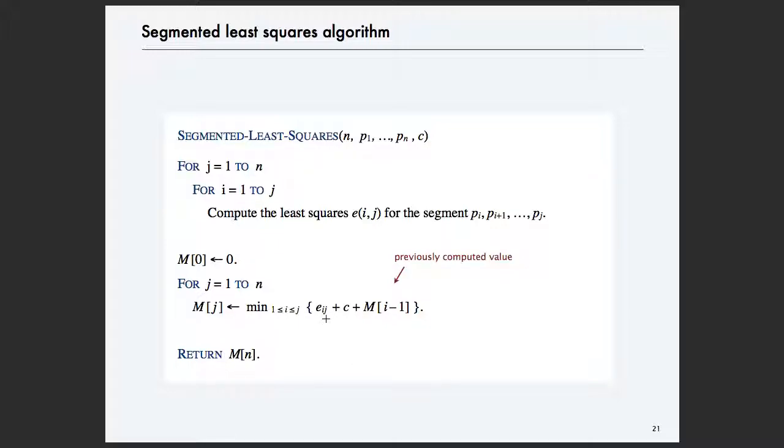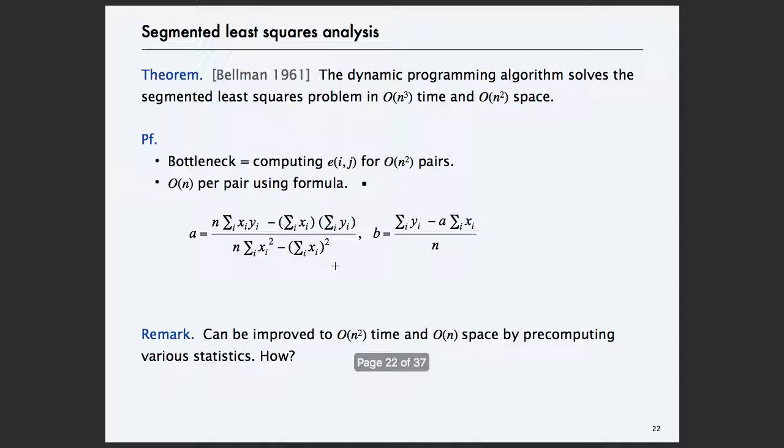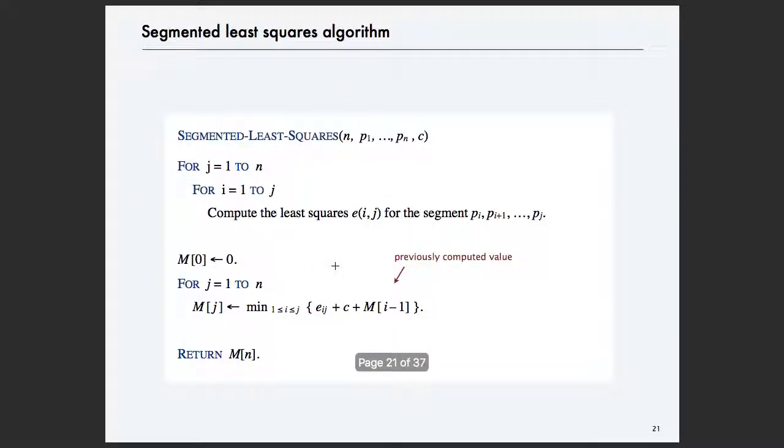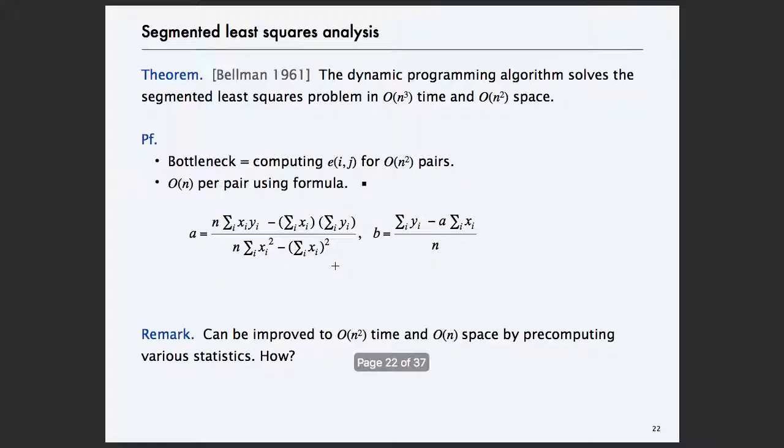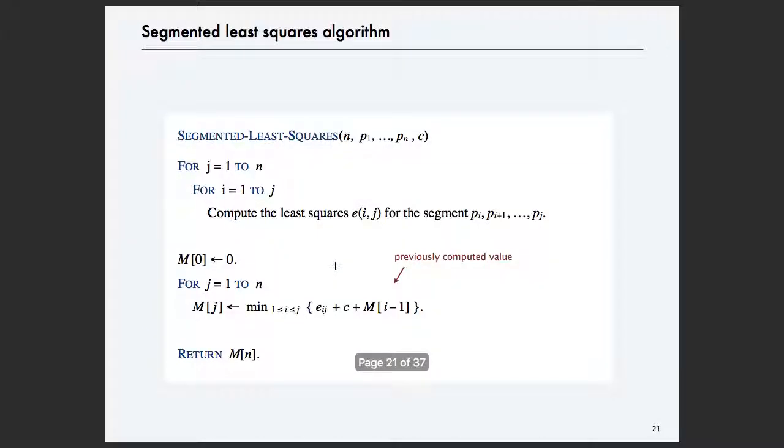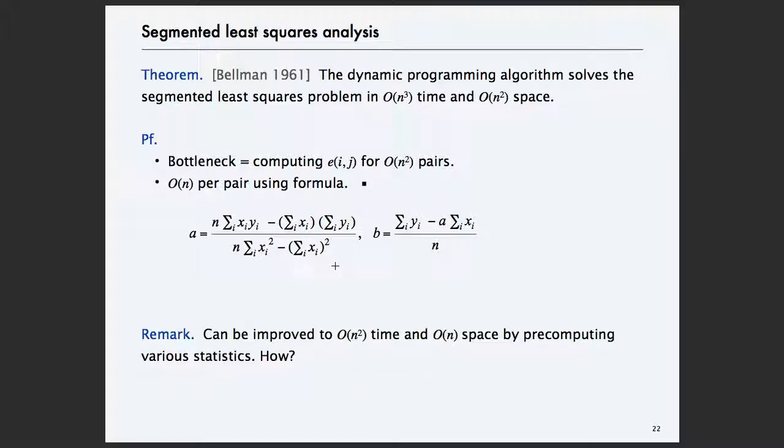Well, it depends on how long it takes me to calculate this, if they were all calculated. Those errors have to be calculated on the fly. You could calculate them on the fly, and that would make it order of n cubed. But you can actually cheat and reuse the previous ones.